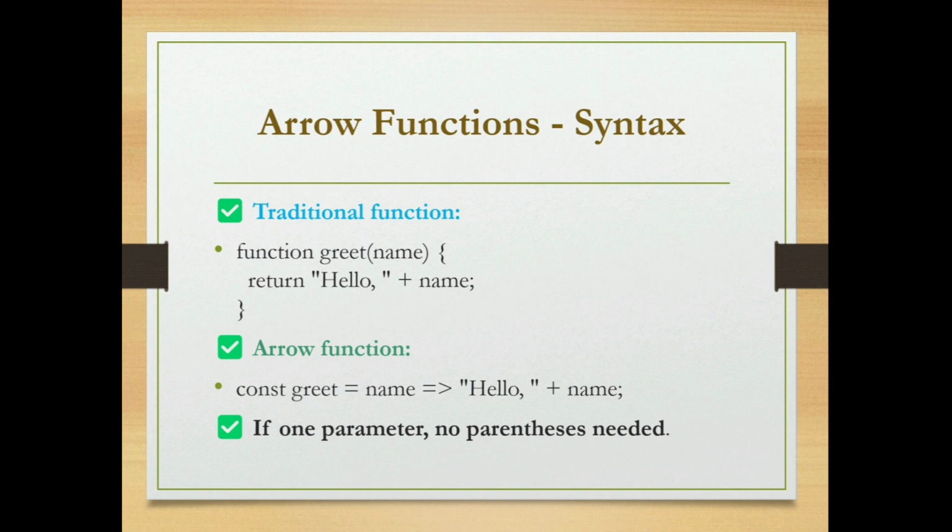Using an arrow function I am taking a variable constant. I am taking only one parameter inside the method as name. I am printing hello plus name. This is the syntax for an arrow function. Next we will see its execution part and also using the this keyword.